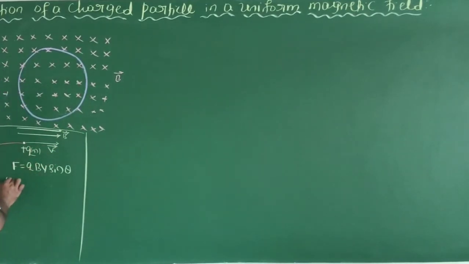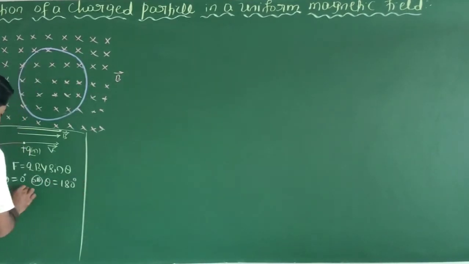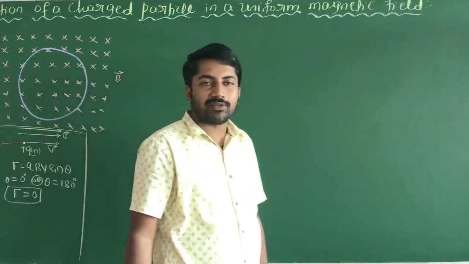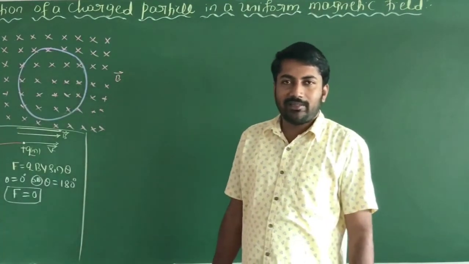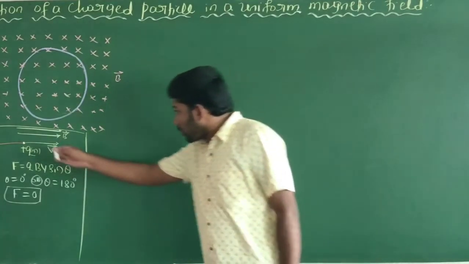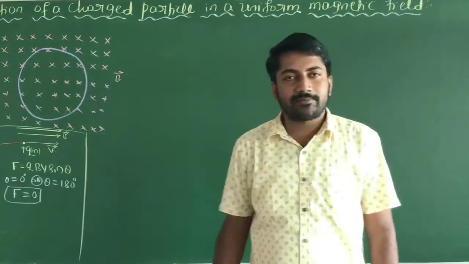In this case theta equals 0 degree or theta equals 180 degree, and there is no force acting on this charged particle. Then the charged particle keeps moving along the same direction without any deviation. This is the first case.